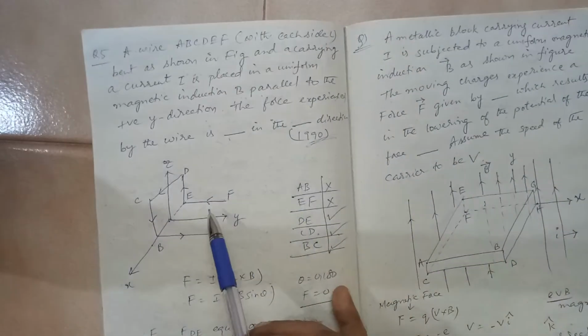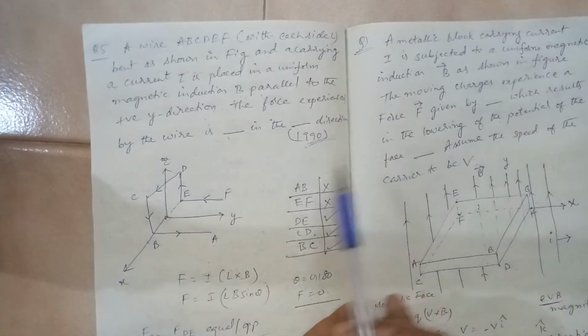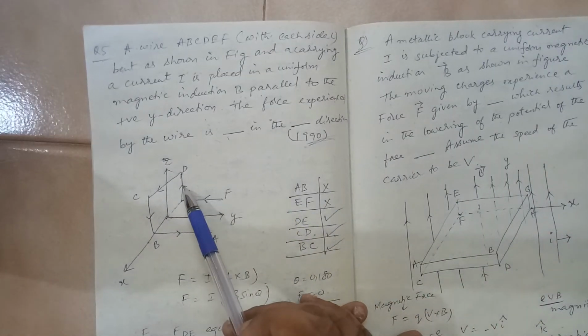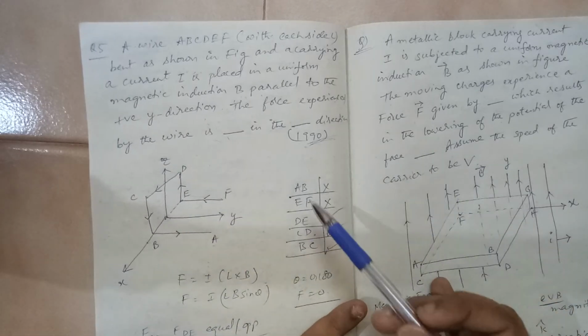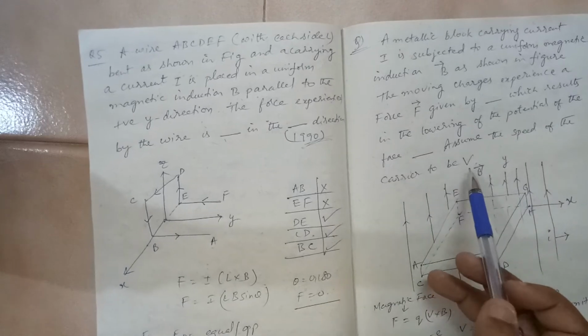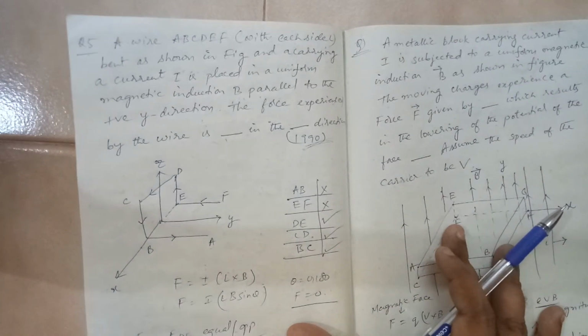So here you have taken a wire and it has been bent in the form of loops. How many elements are there? EF, ED, DC, BC and AB. All the elements I have written. Now when you have a current carrying wire, obviously it will experience a magnetic force.